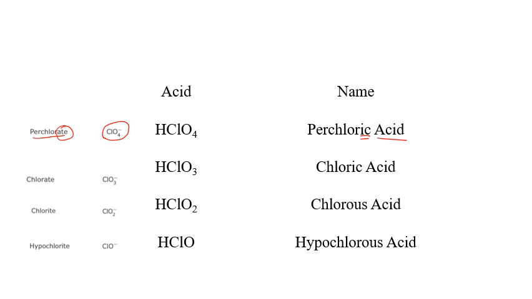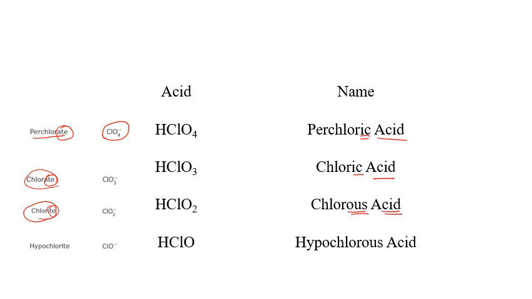So the next one is chlorate, again ATE ending for the polyatomic ion. So I have to change that one to chloric acid. And now the next one is ClO2 negative. The name is chlorite, ITE ending. So if it is ITE, I have to name the acid with OUS acid.